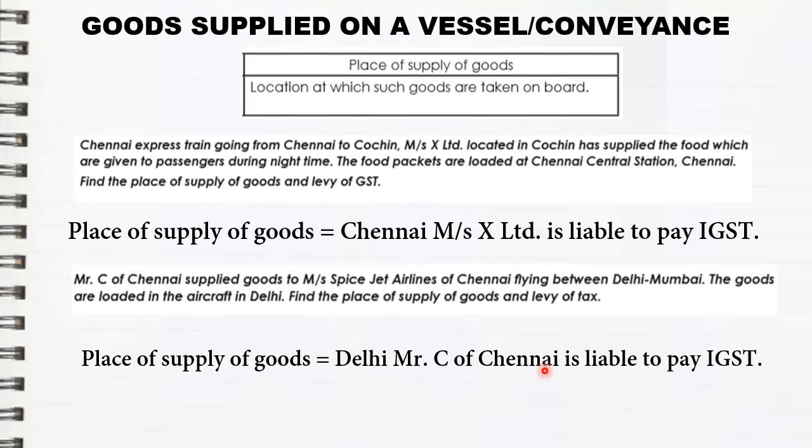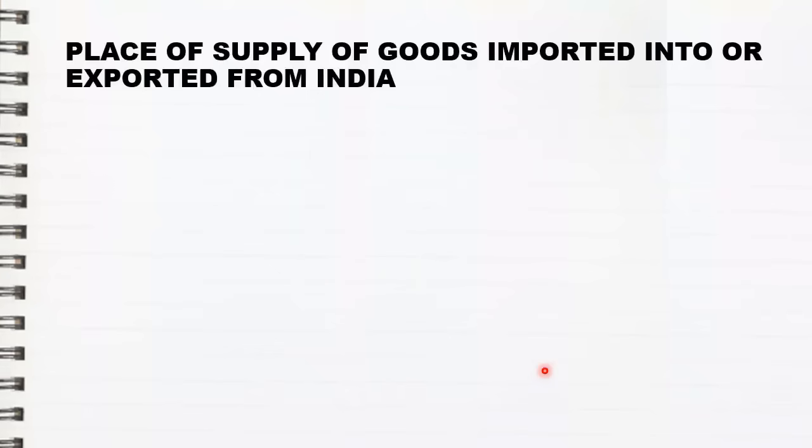So these were basically the five important rules which we have to remember for place of supply. Now, in addition to this, there is another rule which we have to remember: place of supply of goods imported into or exported from India.